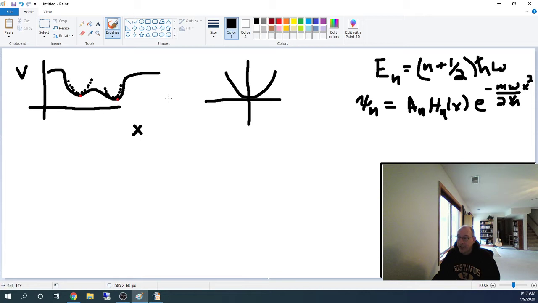So it's possible that there is an energy associated with the ground state, and notice it's not 0. And then there's an energy associated with the first excited state, that's n equals 1, and then there's an energy associated with n equals 2, and so on and so forth, and they're all equally spaced. n equals 0 gives one half h bar omega, and then this one gives 3 halves, and then that's 5 halves, and then it'd be 7 halves and 9 halves, and so on and so forth.